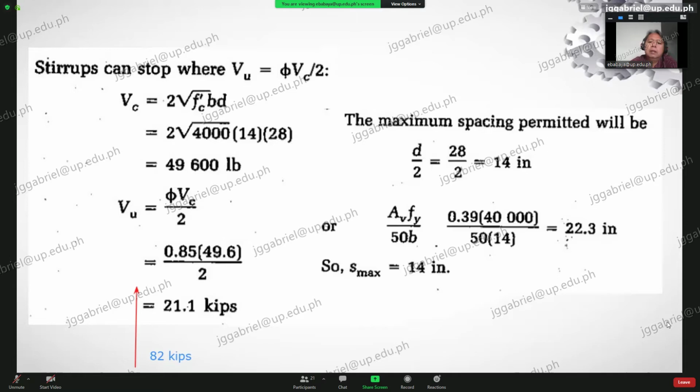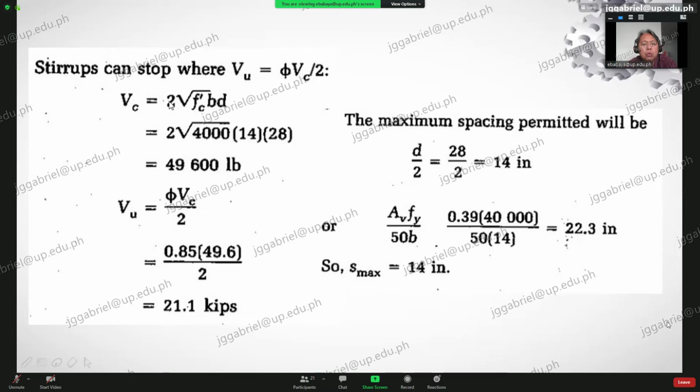There. First, we compute for the region where you don't need to put a stirrup. Okay. So we compute for VC first, or the capacity contributed by the concrete. Now we have the formula for that.